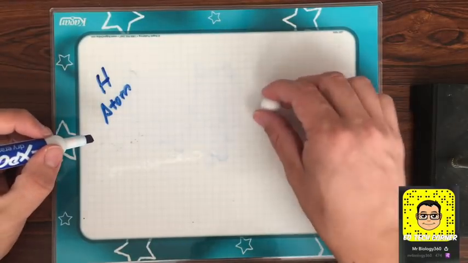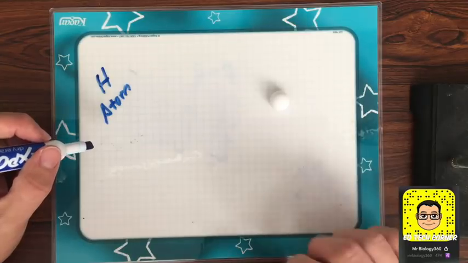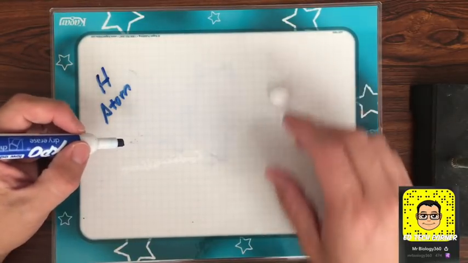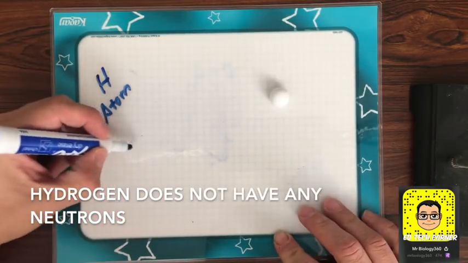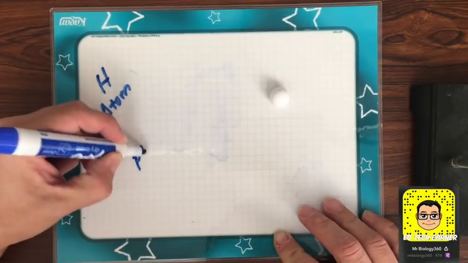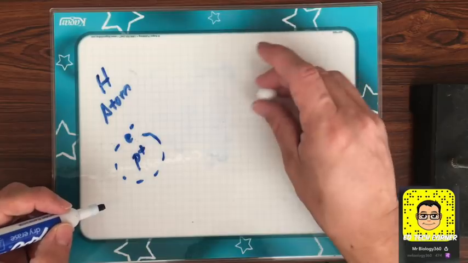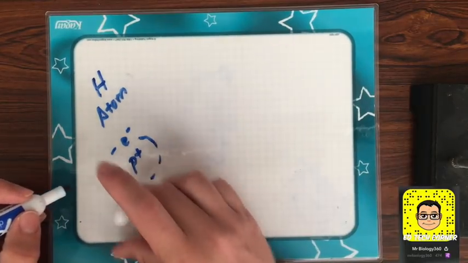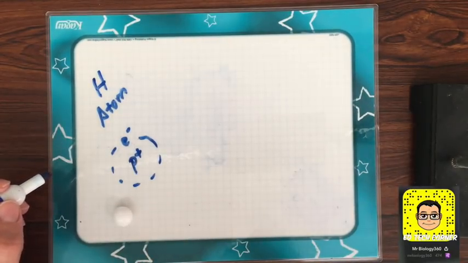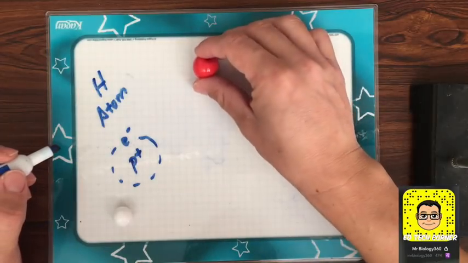When you think about it, you want to think about it as a proton and an electron, with the electron moving all around. That's the hydrogen atom.